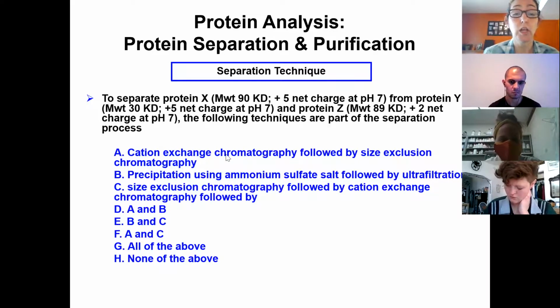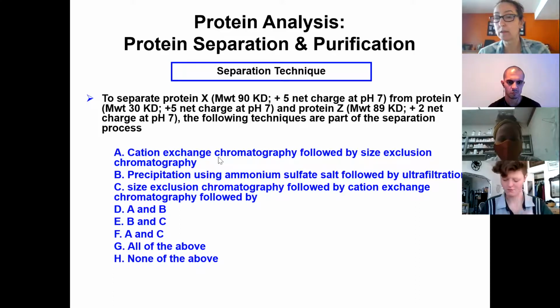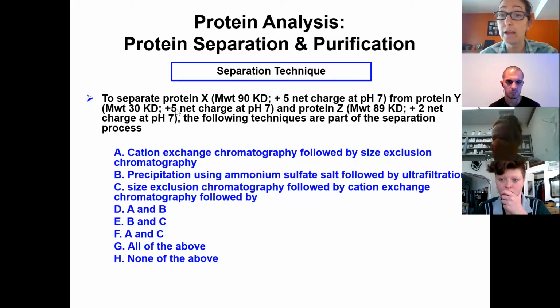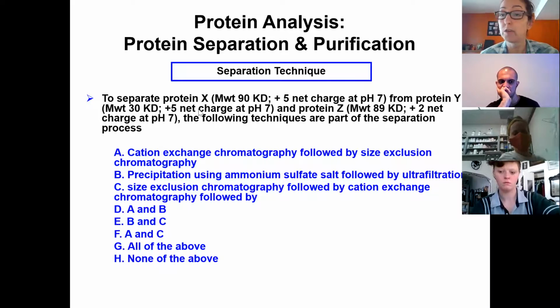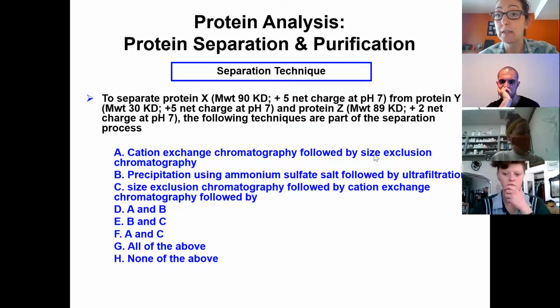Cation exchange is ionic exchange, exchanging molecules with positive charges. We can separate the protein that has +5 from the protein that has +2. These two will be coeluting together, but I want to separate them further. They're different in size, so I can use size exclusion.